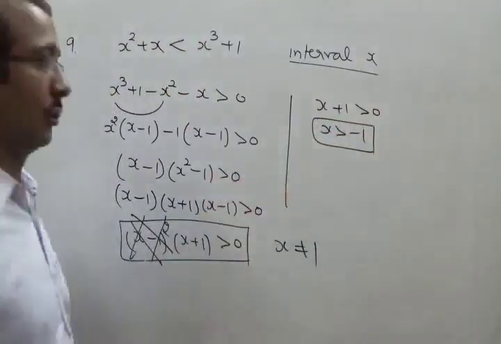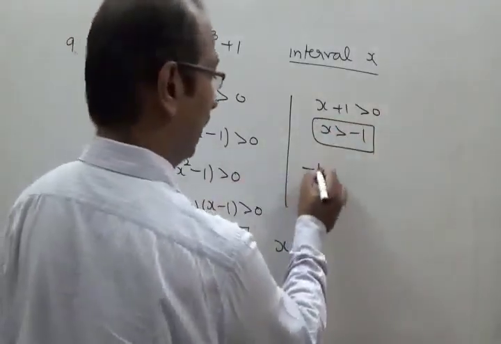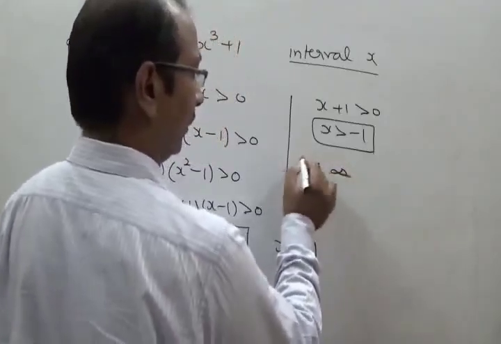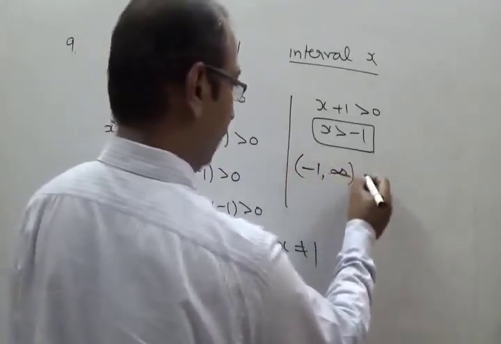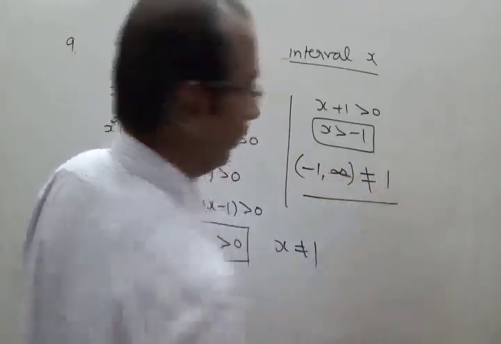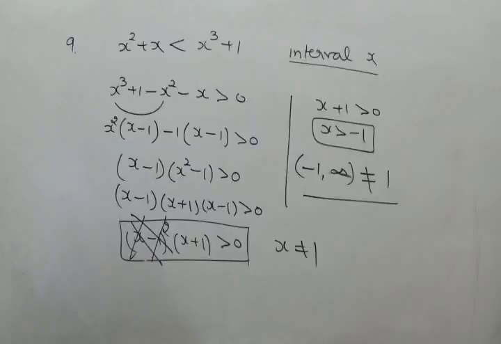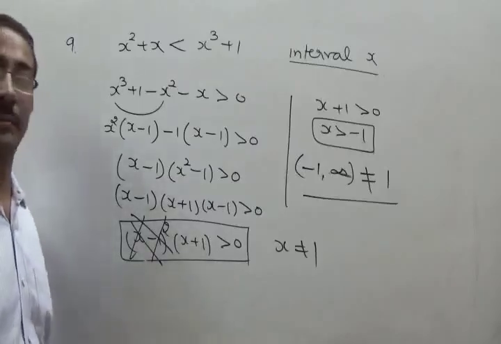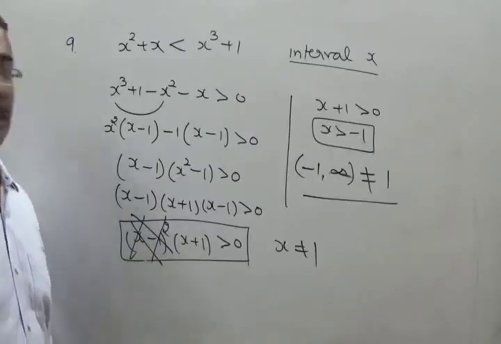So my answer is minus 1 to infinity, except x is not equal to 1. The answer to this question is minus 1 to infinity, leaving x equal to 1. It becomes the answer to my statement.